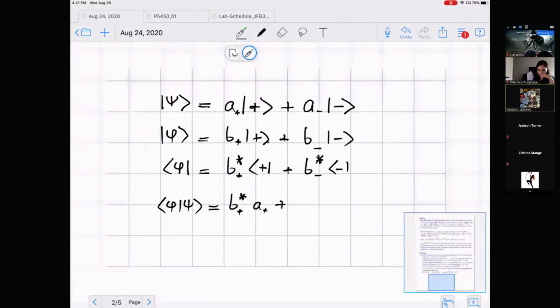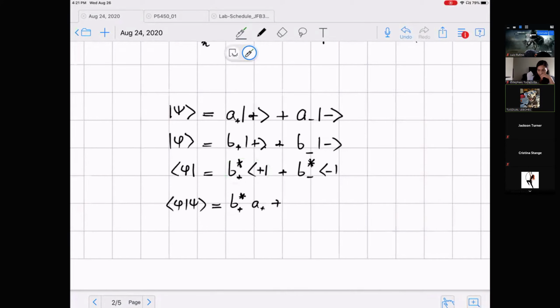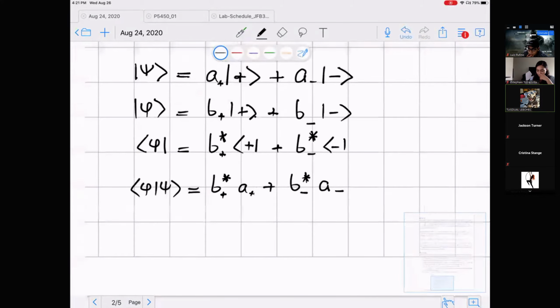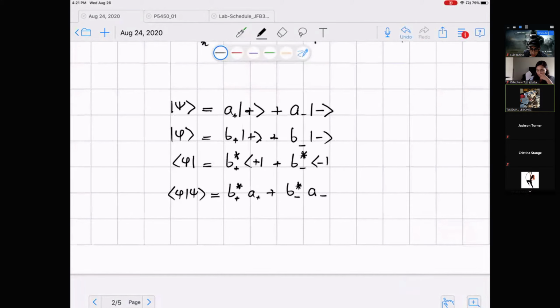Then when b plus star, plus, multiplies a minus, minus, I get 0 because plus and minus are orthogonal. The next thing that's non-zero is b minus star, minus, multiplying a minus, minus, which is equal to b minus star a minus. So this is the product phi psi.